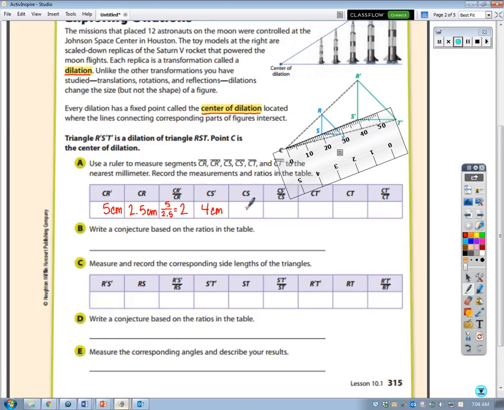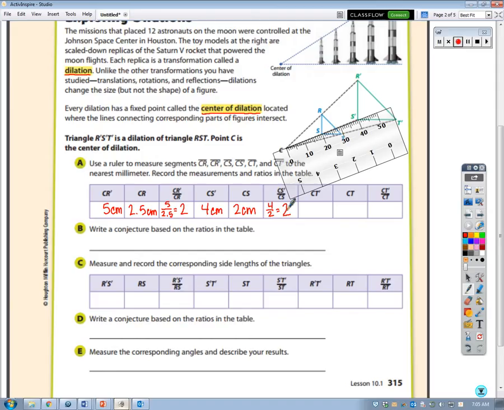This is centimeters, and CS is 2 centimeters. Then my ratio is 4 over 2, CS prime over CS, and that would be 2 again. So that's the same ratio here and here, and the ratio is going to tell me something about the scale of my dilation.